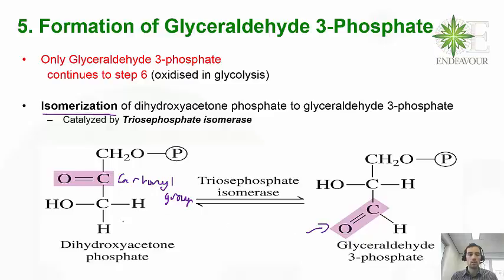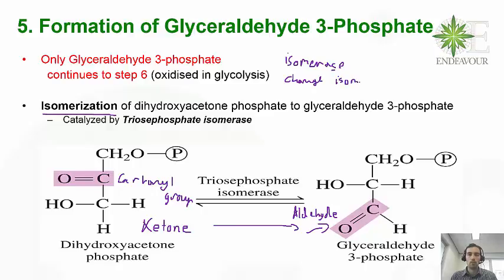So here's the carbonyl group, so we're moving it from the middle to the end. So this rearrangement is actually turning the dihydroxyacetone phosphate from a ketone into an aldehyde. So we're actually altering the functional group by rearranging these atoms through the isomerase. So remember, an isomerase is an enzyme that is able to change the isomer form of the compound.